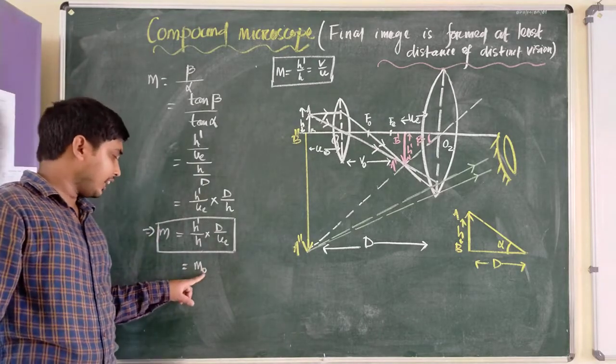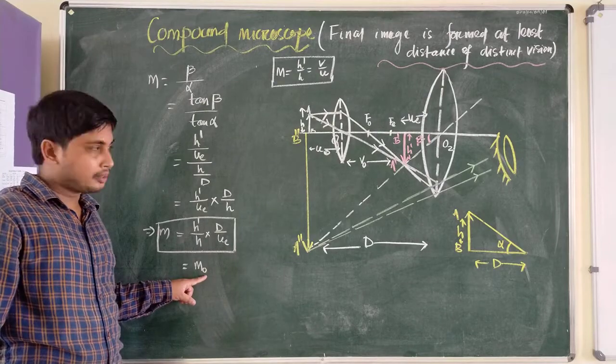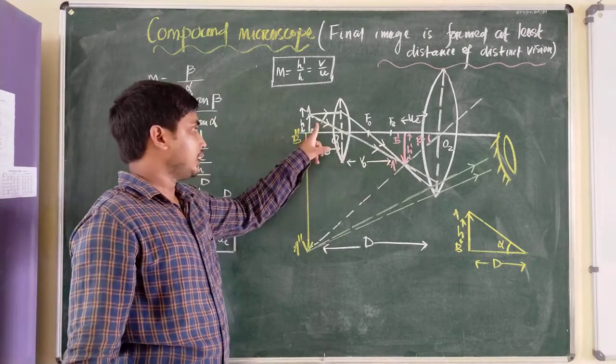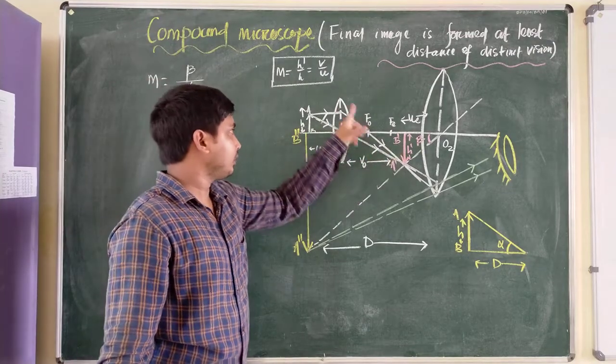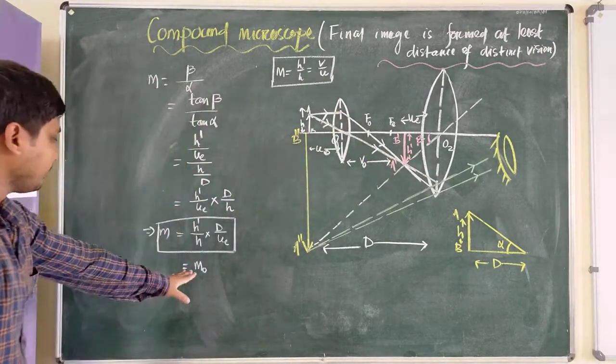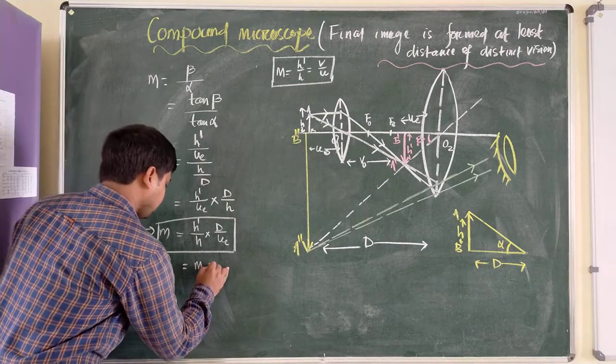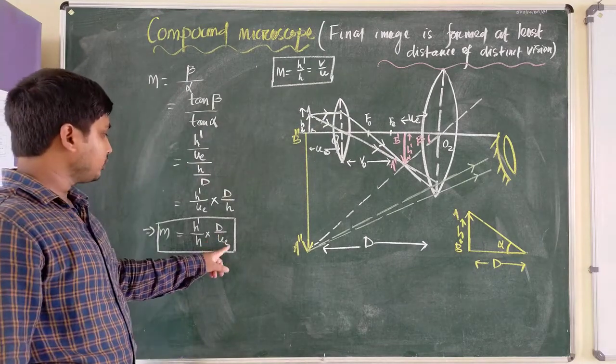I have written MO, which stands for the magnification of the objective. H prime by h, height of the image to the height of the object, where this image is formed by the objective lens. Hence, it is the magnification of the objective into D by UE.